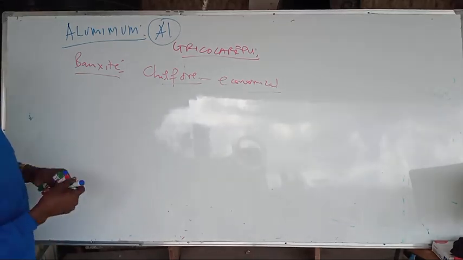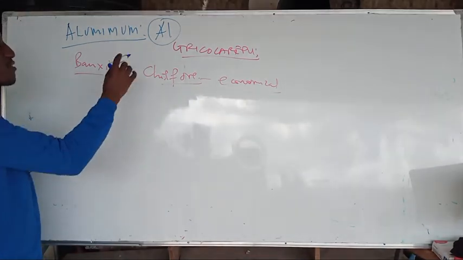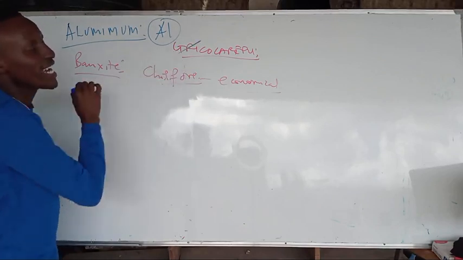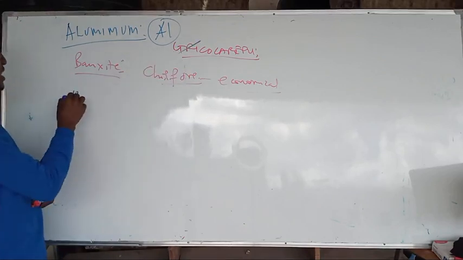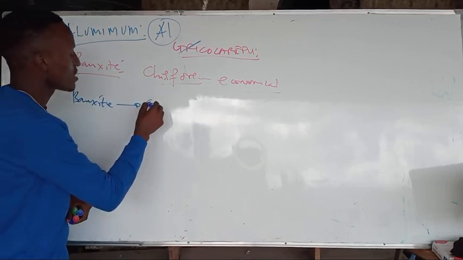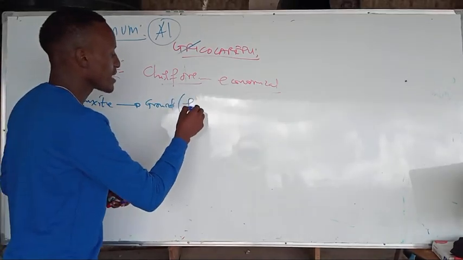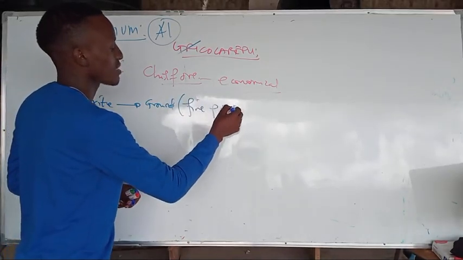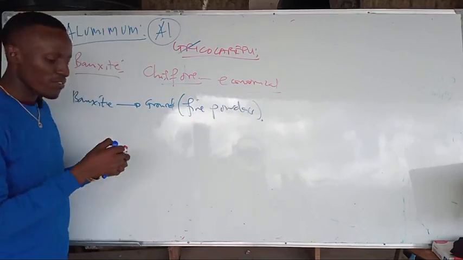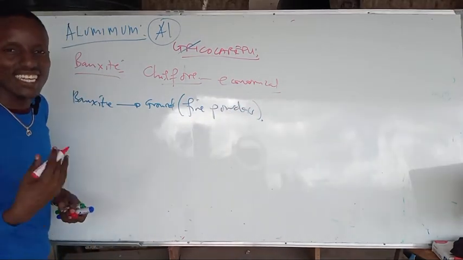So speaking about the bauxite, the first thing you do is grinding. Bauxite is ground. What's the reason for grinding? It is to obtain fine powders, so as to increase the reactivity.